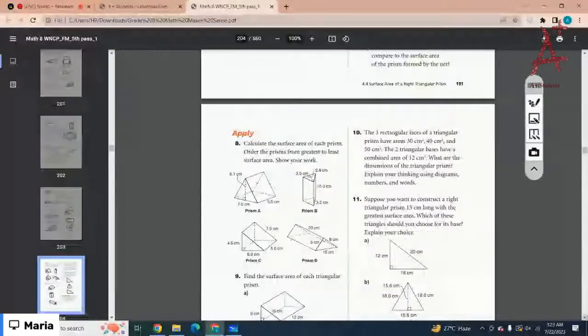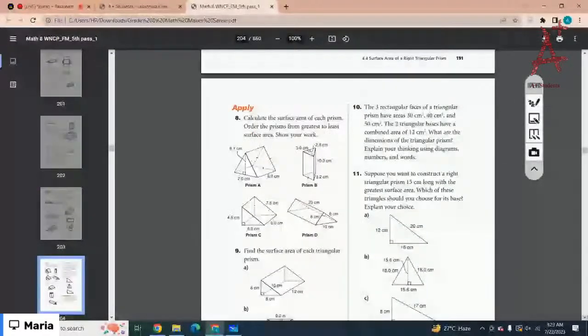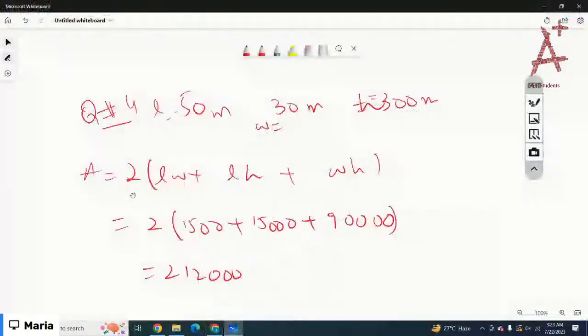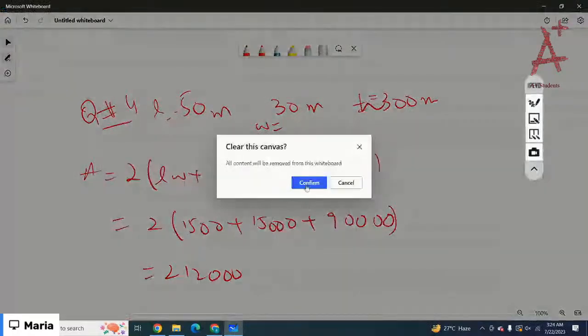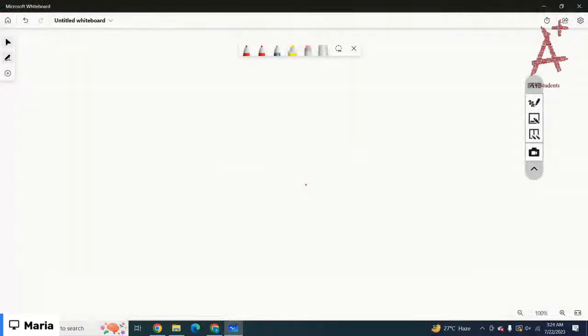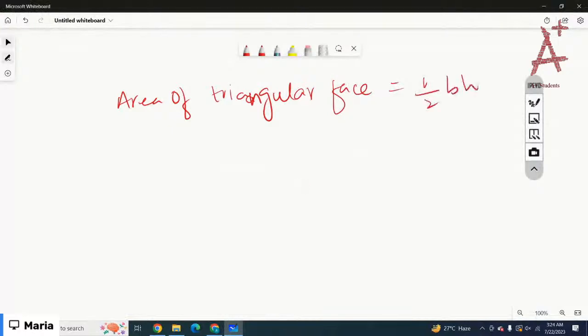Let's start with prism A. Let's calculate the area of the right triangle. You have to do half times base times height. Let's just do question number 8. Let's calculate the area of the triangular faces. Half times base times height.